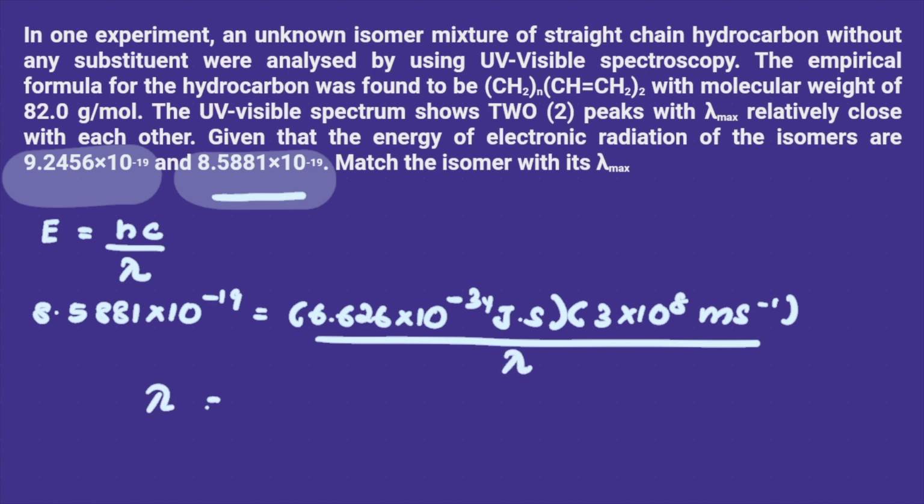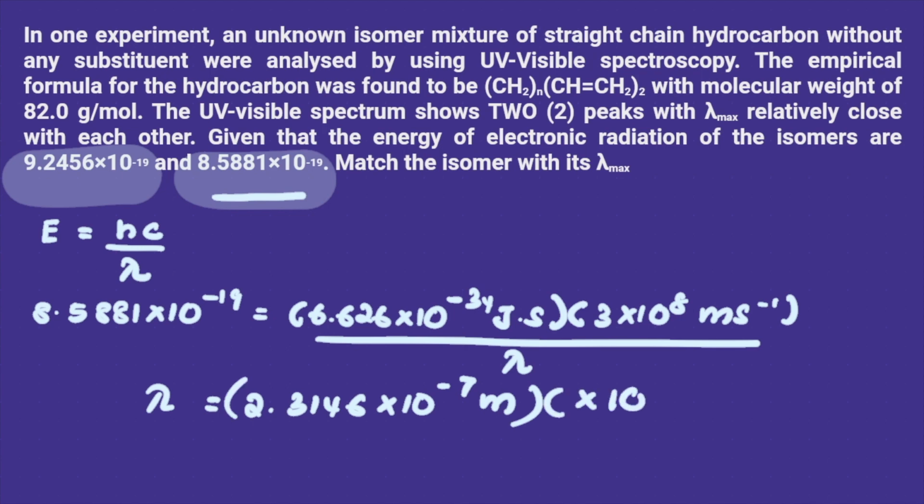Therefore, your lambda should be equivalent to 2.3146 times 10 to the power of negative 7 meter. But then we need to convert that into nanometer, so you times 10 to the power of 9. Therefore, your lambda max should be equivalent to 232 nanometer.